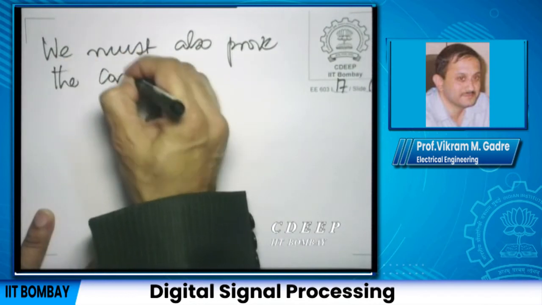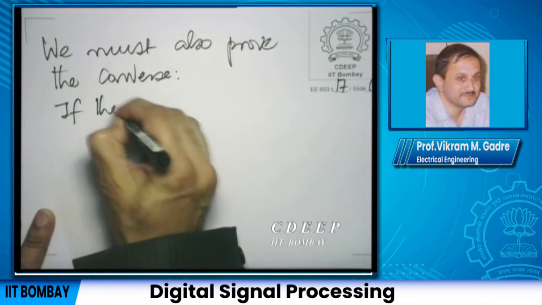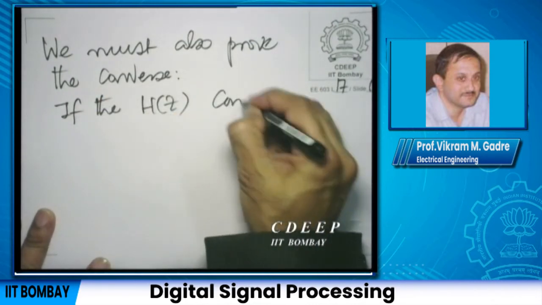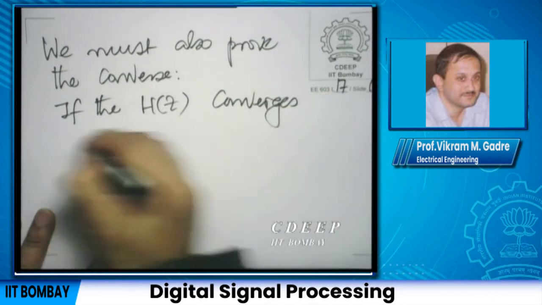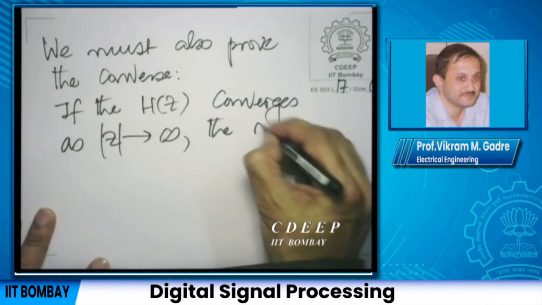You must also prove the converse: if the system function converges as mod Z tends to infinity, the system is causal.